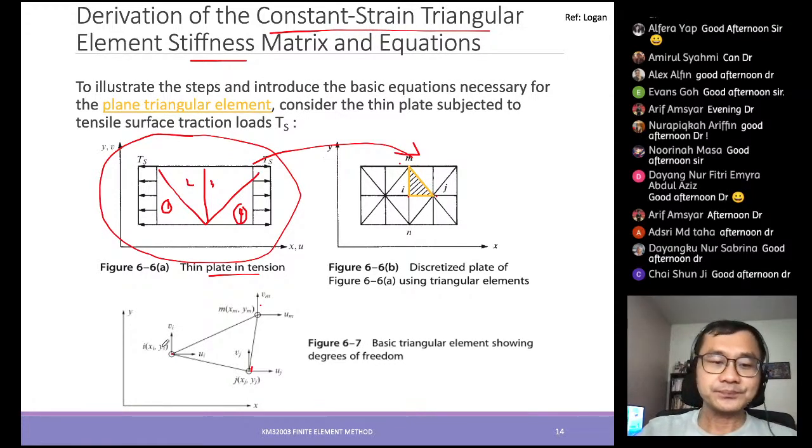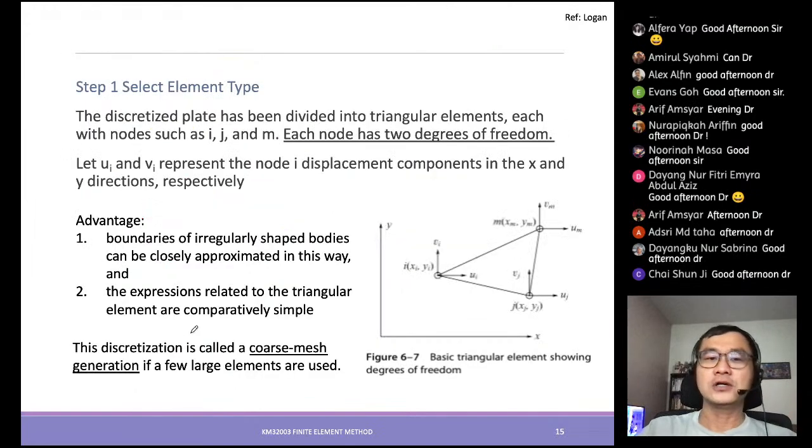So there are two things here. x and y represent the coordinates, and u and v represent the displacements in the x and y directions for that particular node. So every single node has 2 degrees of freedom, the u and v, displacement in the x direction and y direction.